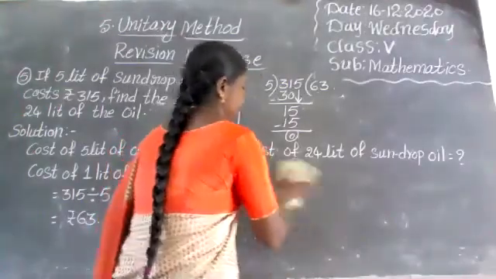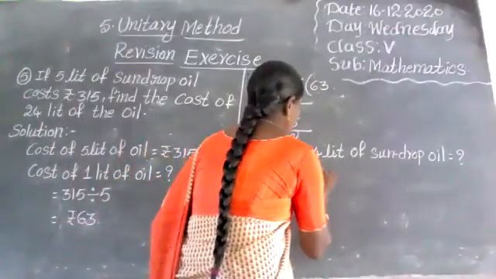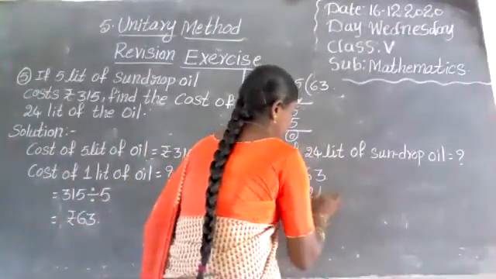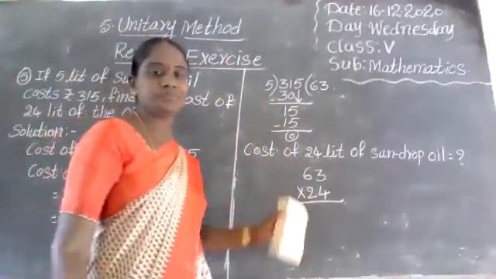Sorry, 63 into 24. Sorry, children. Okay, now correct. Now do it, children.